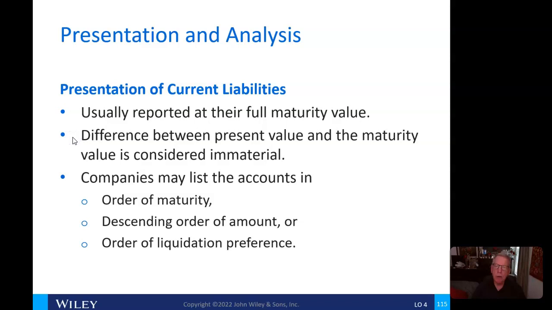Two, here the difference between present value and the maturity value is considered immaterial. Number three, the companies may list the accounts in order of maturity, descending order of amounts, or order of liquidation preference.